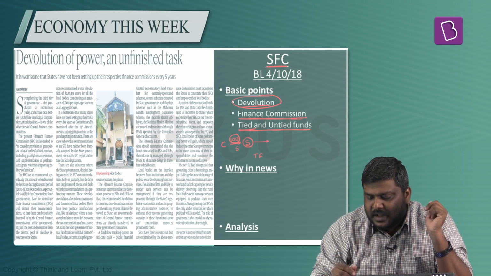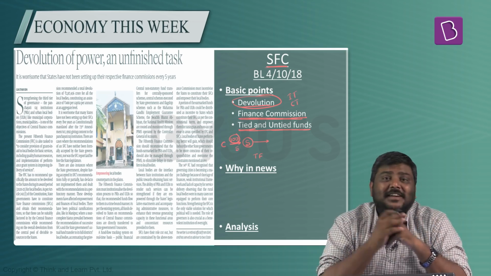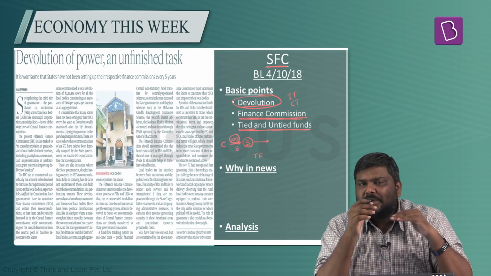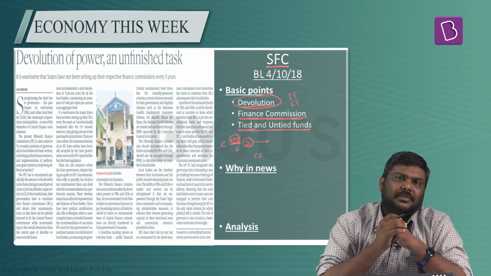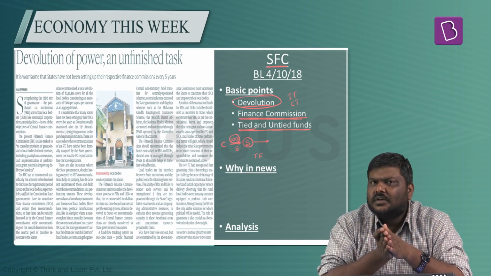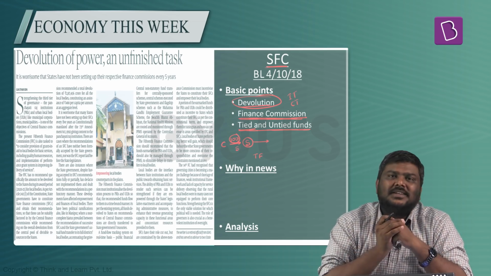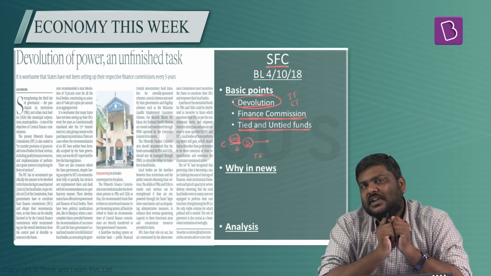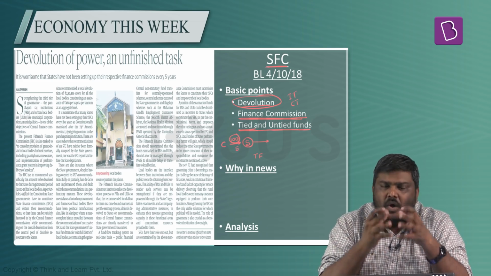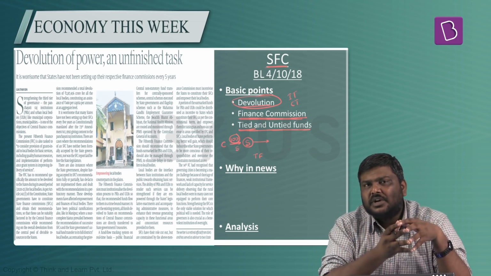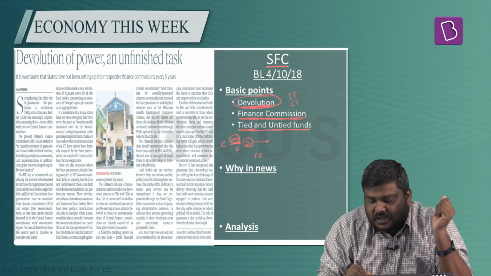Let's say a direct tax such as income tax as well as corporate tax. The central government will implement these taxes uniformly across India and will collect the receipts from them. But don't you think the states should also have certain claim over these taxes? Yes. The most important role of the Finance Commission is how these taxes should be distributed between the center and the states. That concept is called devolution.